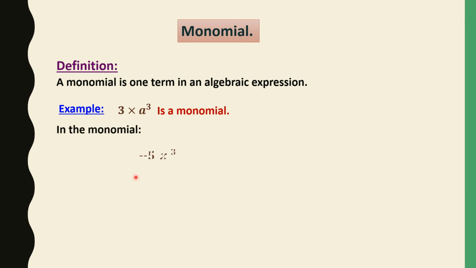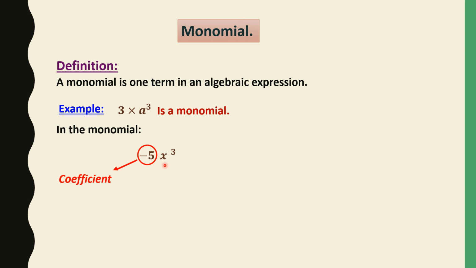In the monomial negative 5x cubed, let's learn what are the parts of a monomial, what is a monomial formed of, what are the elements of a monomial. First, we start with the number, the 5. Here we have negative 5. Negative 5, we call it the coefficient of the monomial negative 5x cubed.